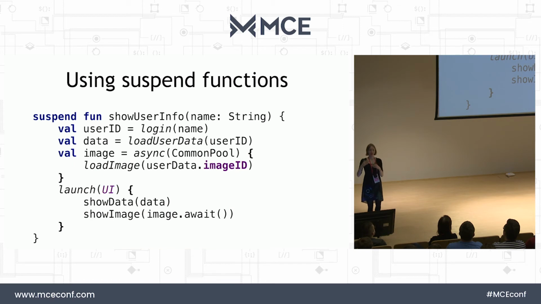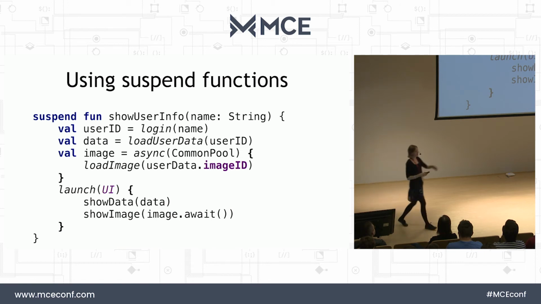After that, you can say, okay, I want to load the user image asynchronously. So you have this load image suspend function, and you can define the context where you launch it. In this case, you launch it in this common pool. So you say async common pool, then load image.